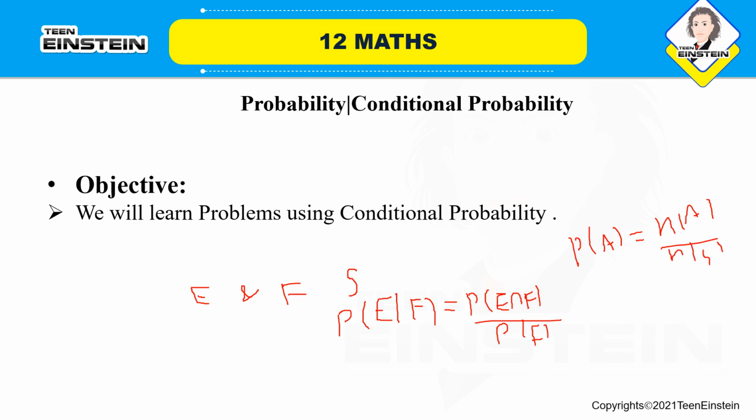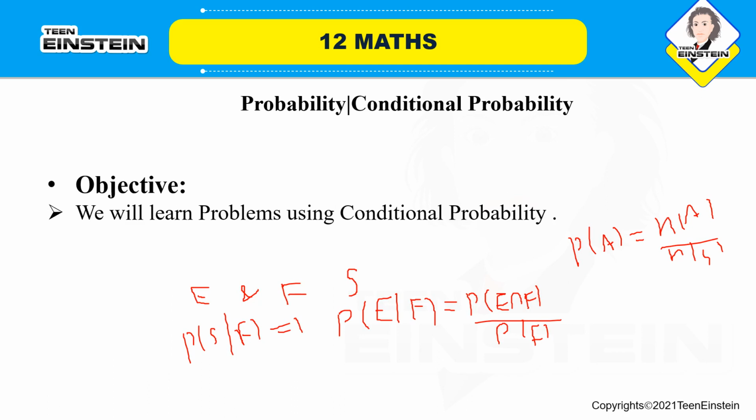E and F are any two events of a sample space. Then this is conditional probability: the probability of the sample space S given that the event F has already occurred is equal to 1. In probability, the probability of the entire space is 1.